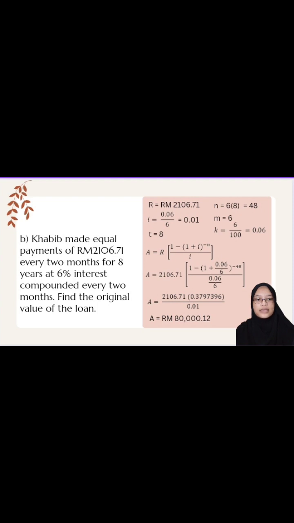So we get 2106.71 times 0.3797396 over 0.01. So the answer is RM80,000.12.